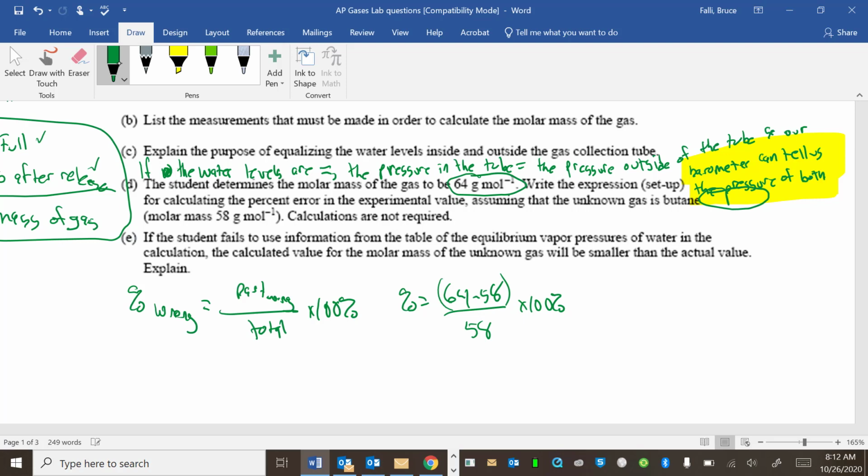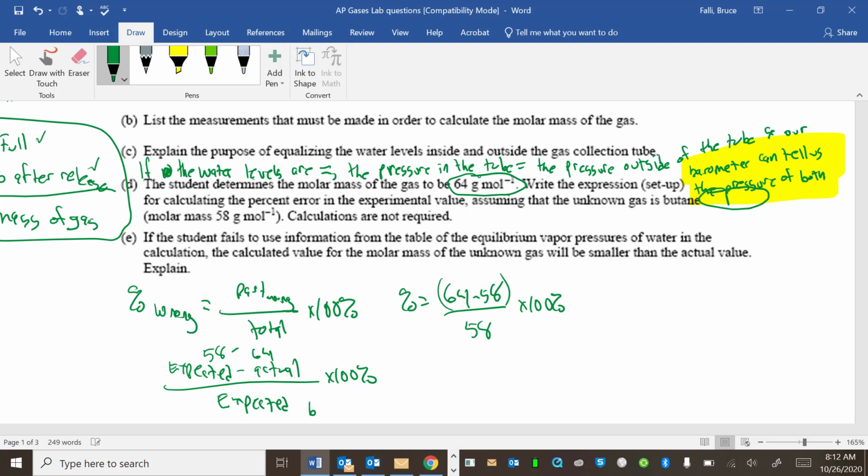Now notice this gives you a positive value. What you'll see a lot of times is expected, and if you were taught this way, this works. Wait, no, it's actual minus expected. Yeah, expected minus actual over expected times 100%, which if you notice is almost the same thing, because it would be 58 minus 64 and then over 58.